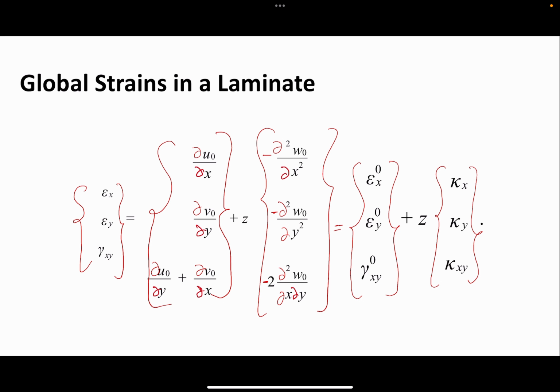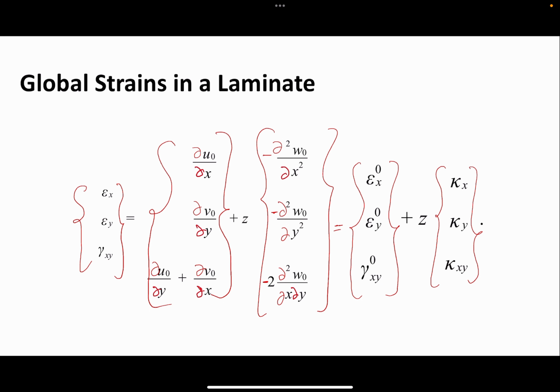Similarly, strain in the y direction, epsilon y, equals dou v naught by dou y minus z into dou square w naught by dou y squared. Gamma xy, the shear strain, equals dou u naught by dou y plus dou v naught by dou x minus 2z into dou square w naught by dou x dou y.